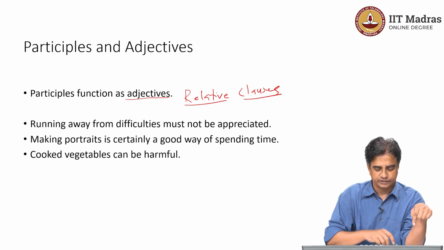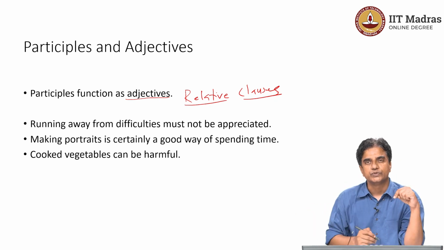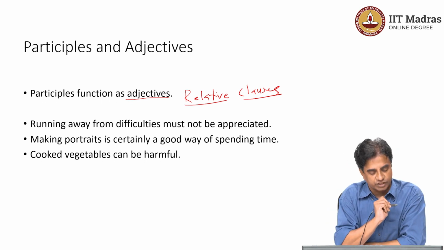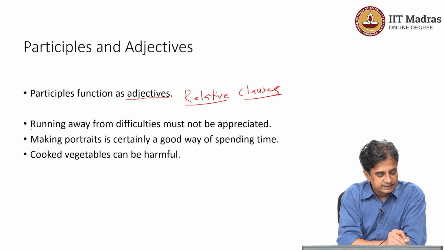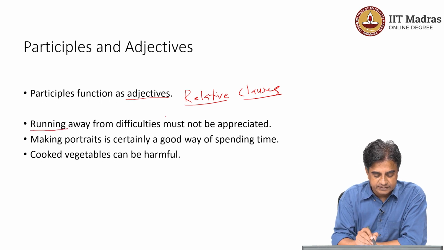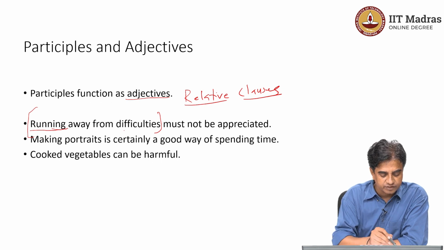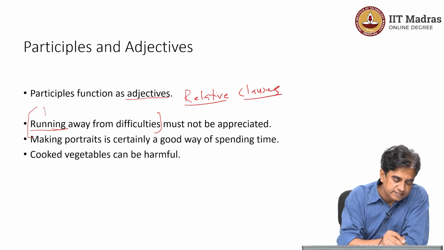So look at some more examples to see these closely. What I want your attention on now in these sentences is: running away from difficulties. This is part of the subject. You have an element with ing as part of the subject, running away from difficulties. So this is definitely a participial construction.